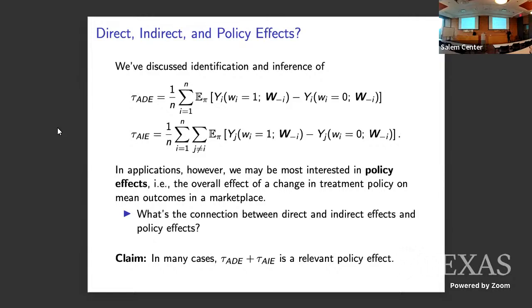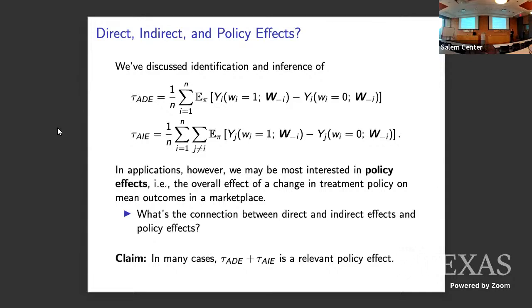But of course, in many cases, what you actually care about is a total policy, right? You change subsidies for everyone. And you might think that these average direct and indirect effects, sure, they're interesting for scientists studying these things, but maybe policymakers care about them.